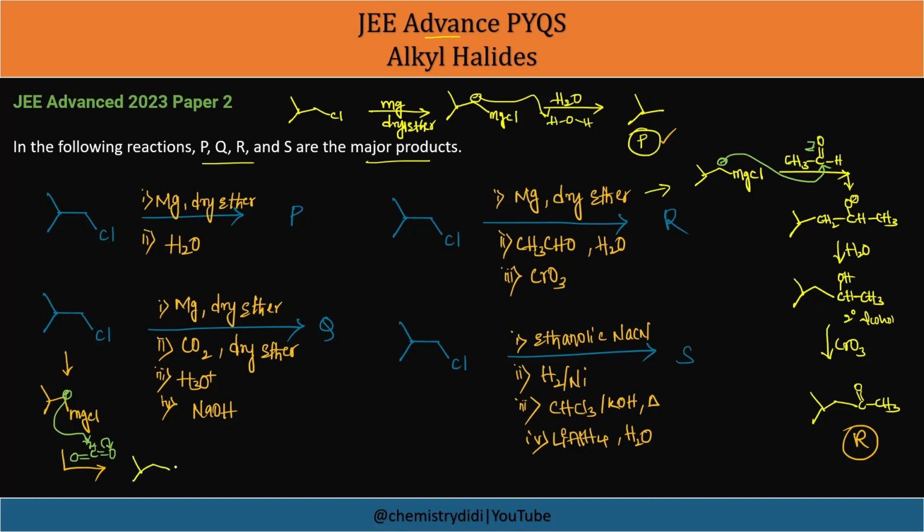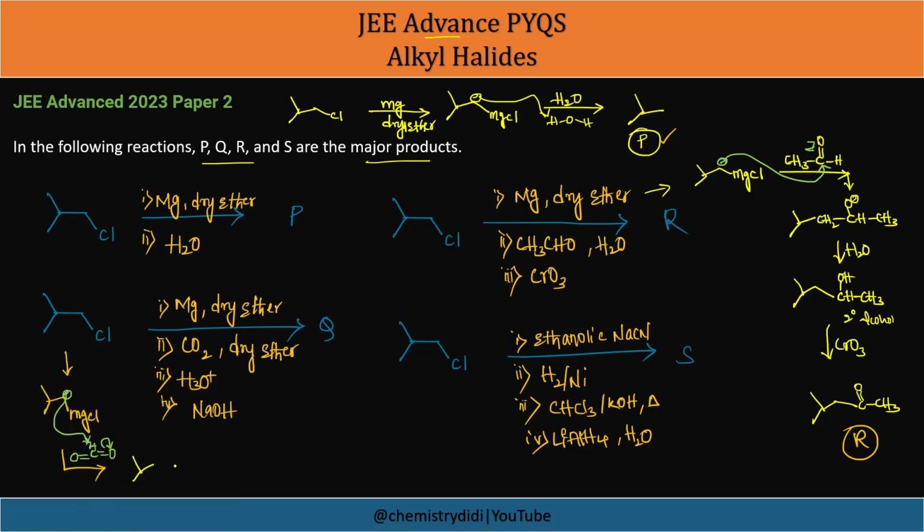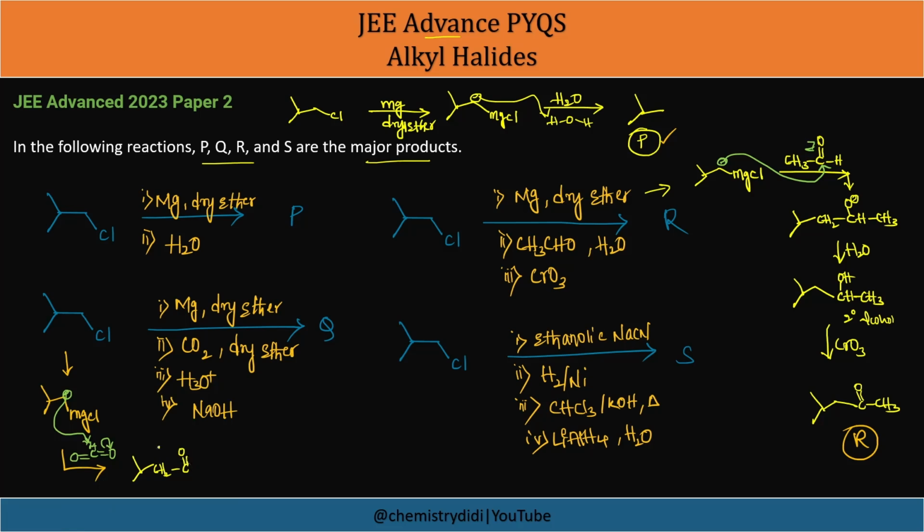Then we'll get this: here it will be CH2, this will be CO negative, and one double bond is still left, so here it will be a double bond, and here O negative.